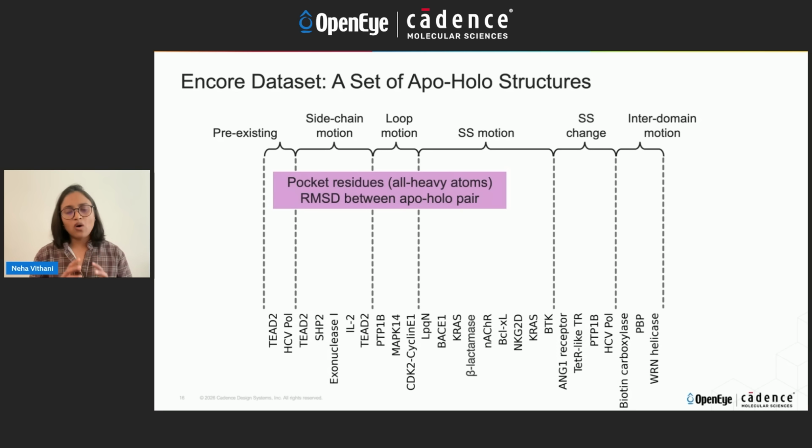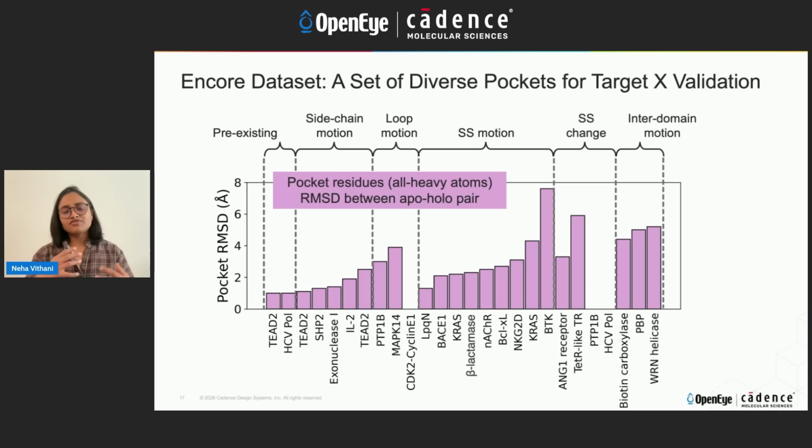We computed the all-heavy-atom RMSD of pocket residues between the apo and holo conformation to quantify differences between the pocket conformation in apo and holo structure. The bar height is representative of crypticity of a pocket and difference in the pocket conformation between the apo and holo structures.